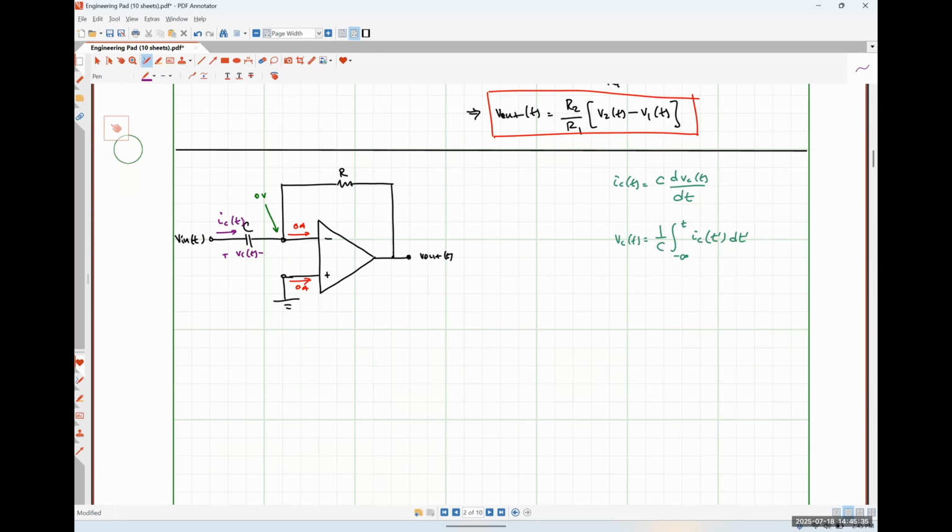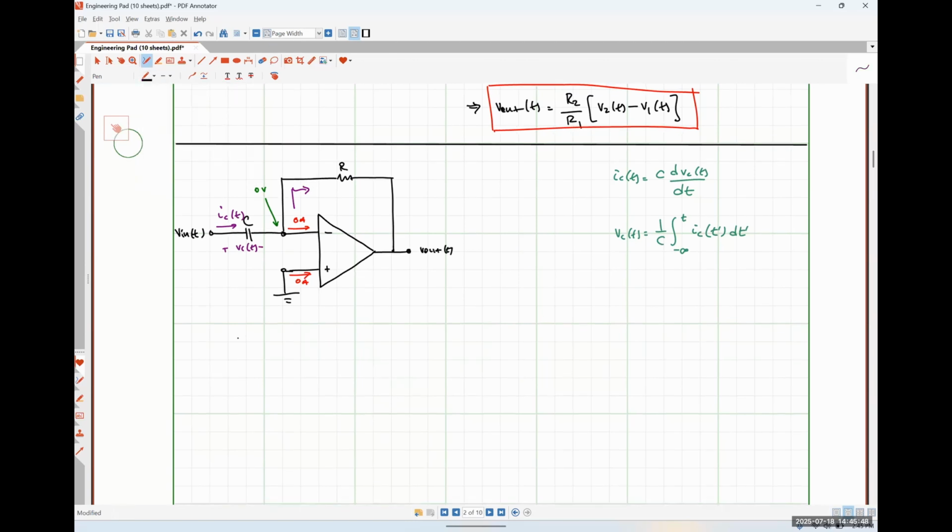So I'm still going to wind up doing KCL here, but I'm going to say that my capacitor current is flowing in, and this current right here is flowing out. So my KCL equation is going to look like IC is equal to negative V out divided by R. So before I move on from this step, is everybody okay with me slightly changing how I'm applying KCL?